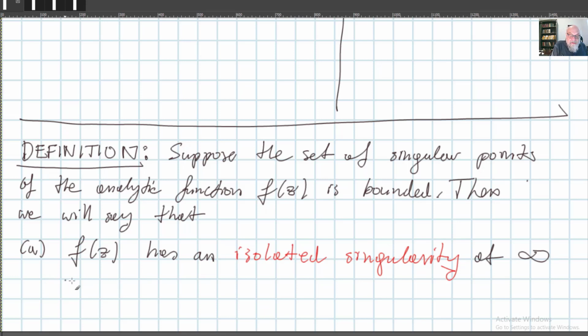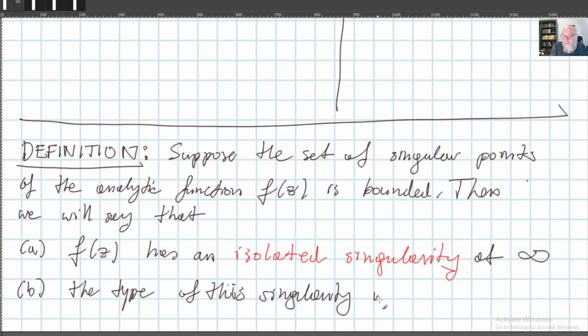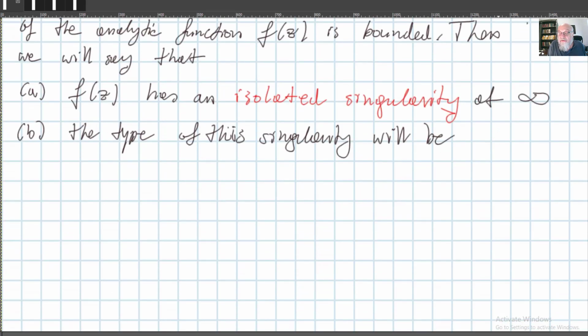And the type of this singularity will be the type of the singularity at zero for the function g of z.